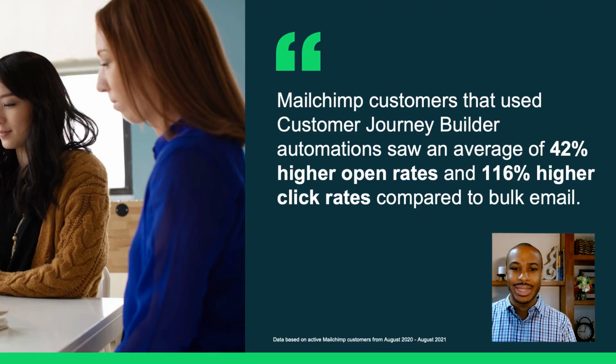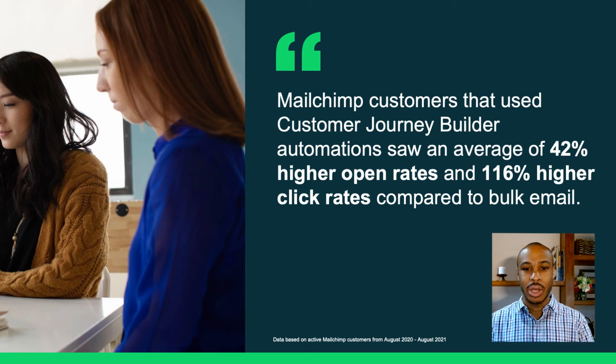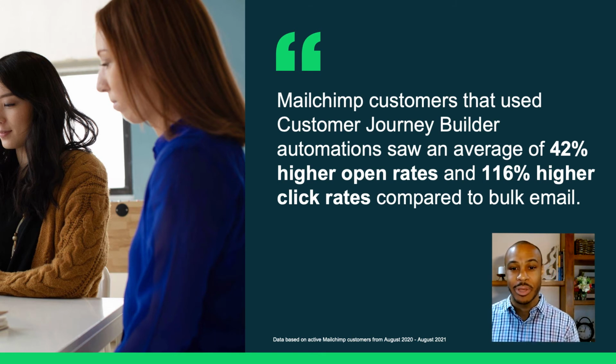And then lastly, just a stat here about our customer journey builder automations and the power of those. What we're seeing with our Mailchimp customers is that those that used our customer journey builder automations saw a 42% higher open rate and a 116% higher click-through rate on average compared to sending bulk email.